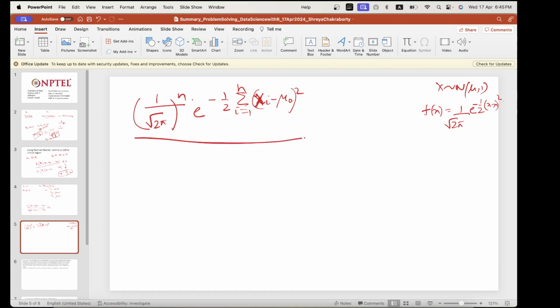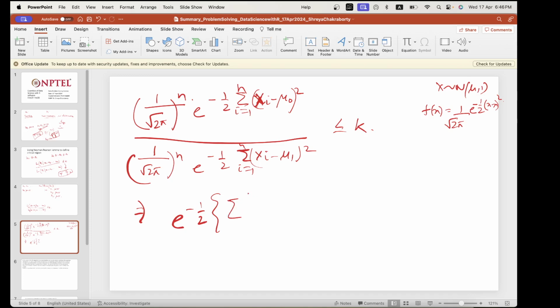And this one will be 1 by root 2 pi to the power n, e to the power minus half summation i equal to 1 to n (xi minus mu1) whole square, and this is less than or equal to some k. So this cancels out. So we'll have e to the power minus half [summation (xi minus mu naught) whole square minus summation (xi minus mu1) whole square], which should be less than or equal to k.